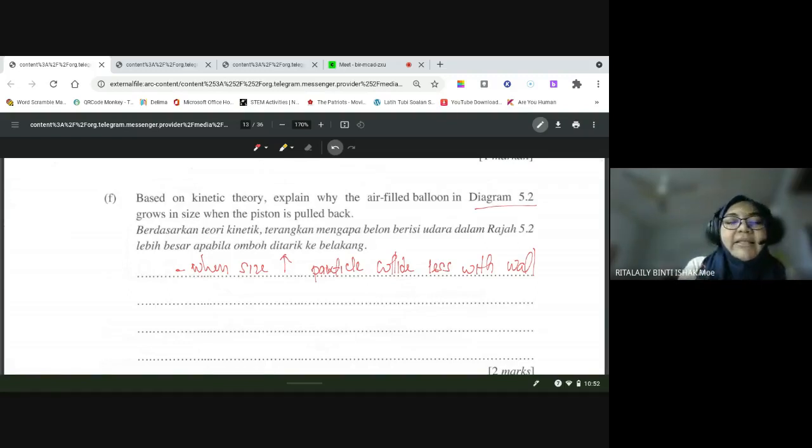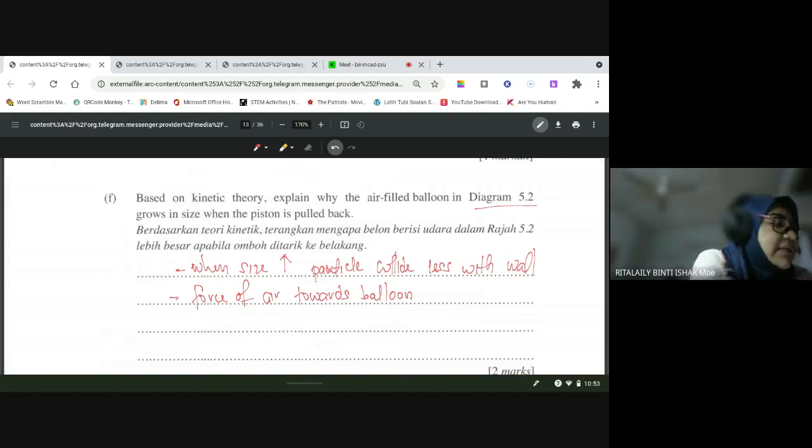Kemudian, bila dia ditarik, okay, force pada balloon tu lebih kuat ke lebih kecil? Force to the balloon. Force of air towards balloon become smaller or become bigger? Less.